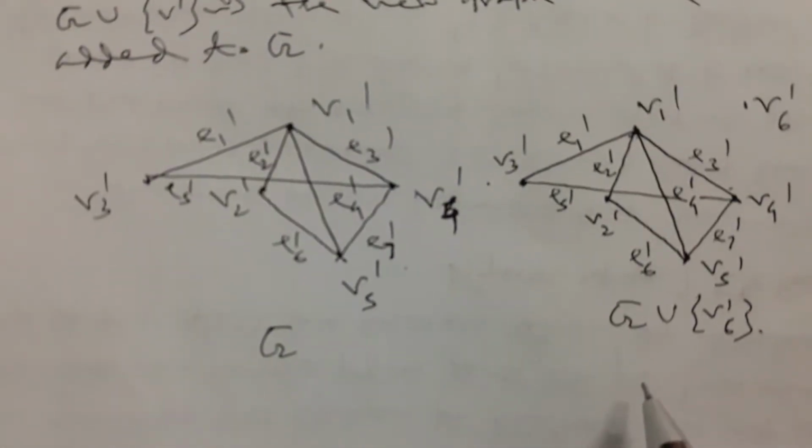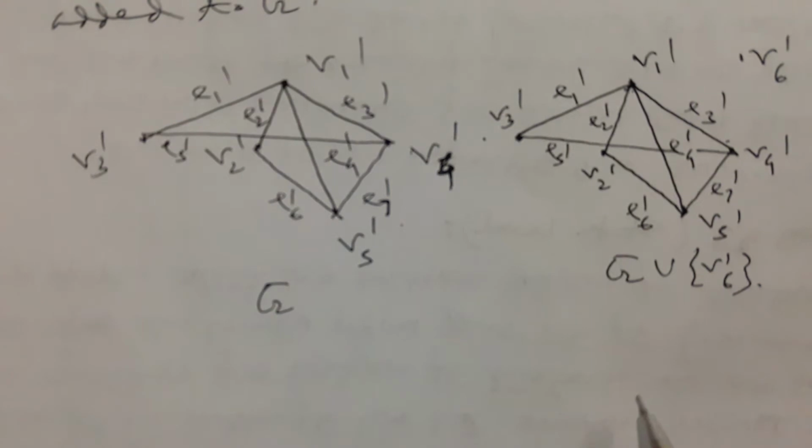This is a new vertex. So in this way we can find the addition of a vertex to a graph.